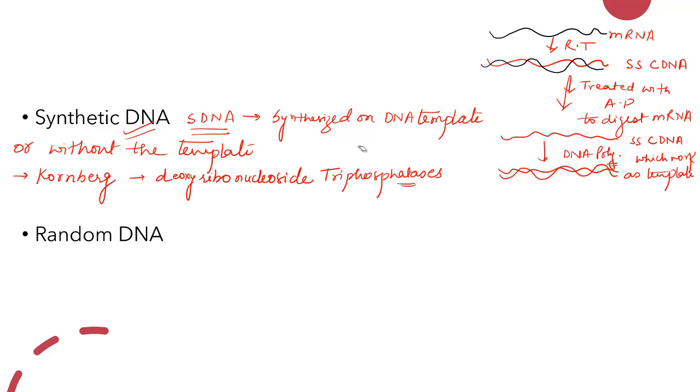So Kornberg took deoxyribonucleoside triphosphates, virus DNA as a primer, some metal ions, then DNA polymerase enzyme.